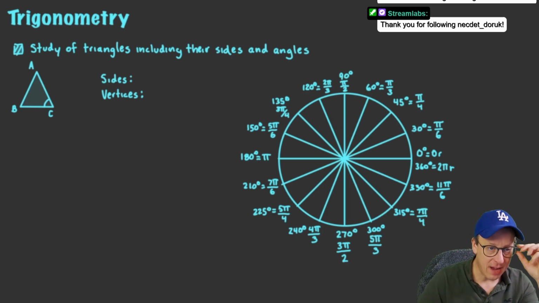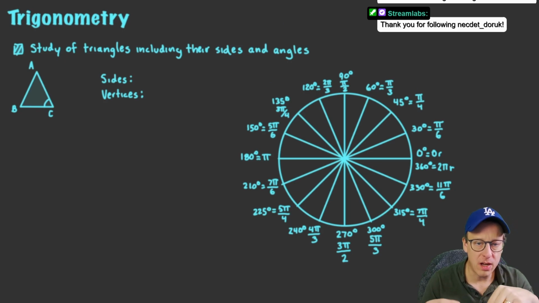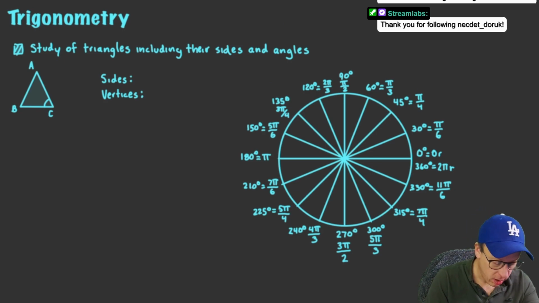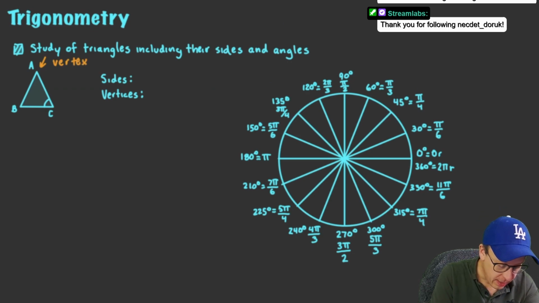What we have here, I'm just going to label the parts of the triangle. Right here, let's use an orange. This point up here could be known as our vertex. And then this line right here is a side. And this is an angle.